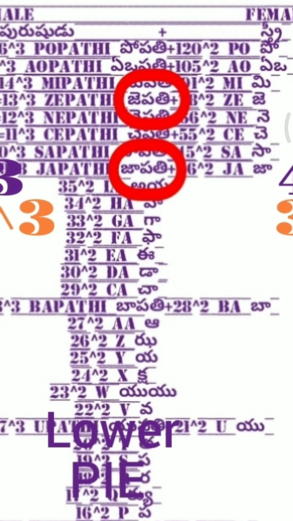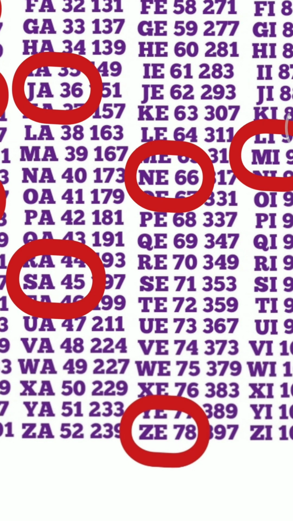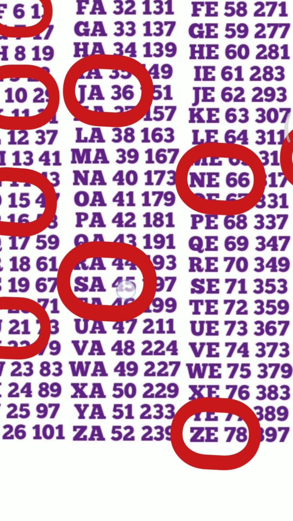So this guy is Japati, that is a 9 cube guy. The 9 cube is nothing but 45. 45 is basically Sa. See here, 45 is Sa, but if you go one less than that, 44, which is a multiple of 11.